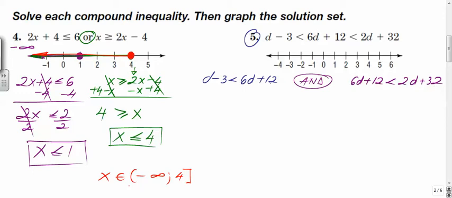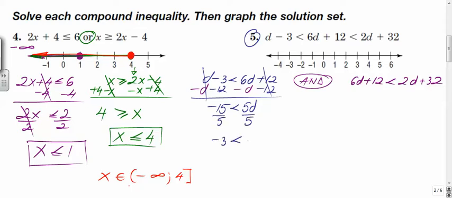First thing, let's solve the left side, right? 6d is greater than 1d. I will take d away from both sides and use the same color. And I will take 12 away from both sides. So my numbers will be on the left, my variables on the right. d minus d nothing, negative 3 minus 12, negative 15, less than 5d. 12 minus 12 cancels out, divide by 5.